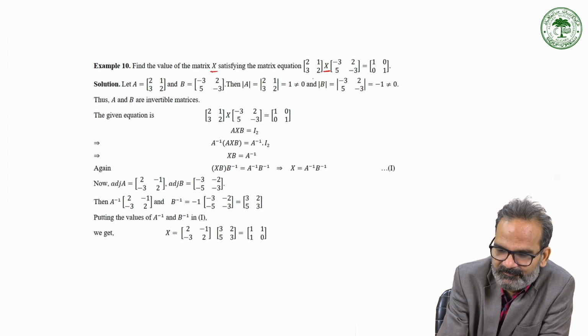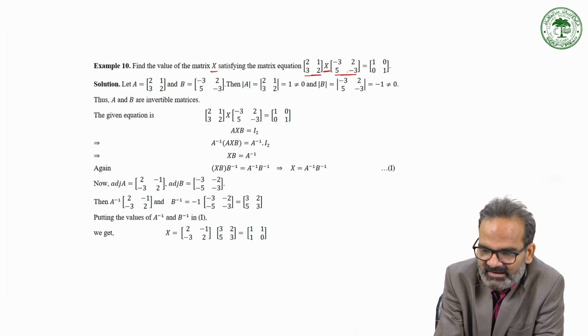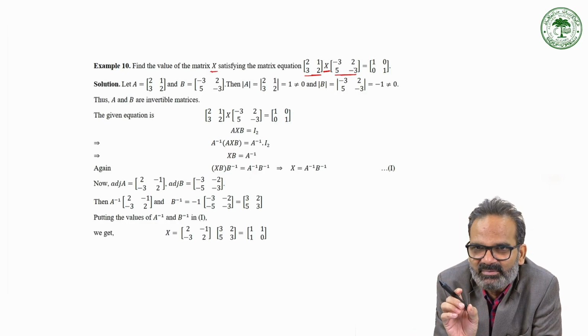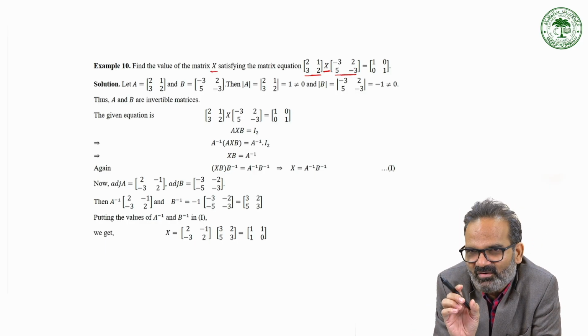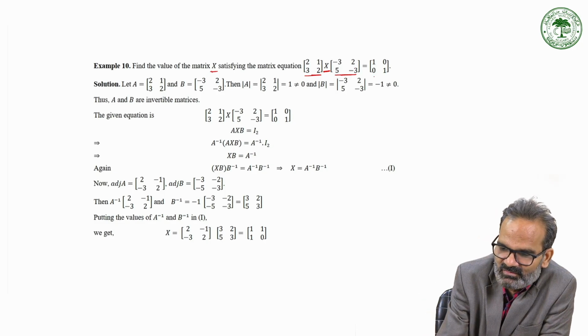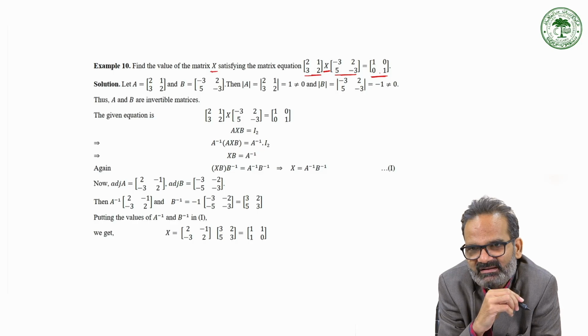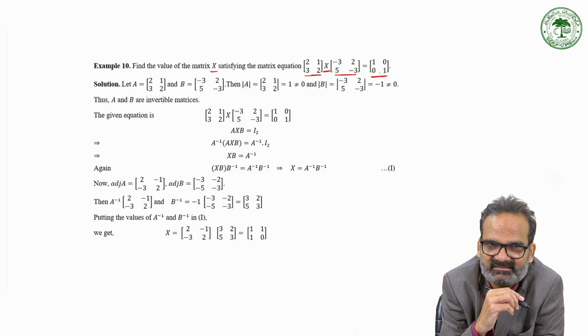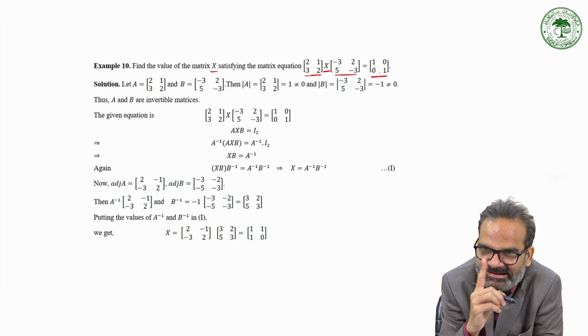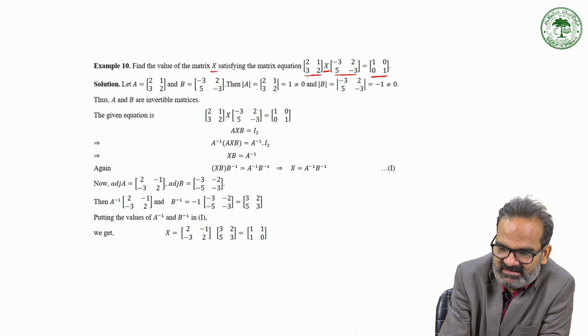So what does it mean? The first matrix is this, the second matrix is X, and the third matrix is this. So the question simply refers to this: if these three matrices are multiplied together, then the product of these three matrices should come out to be an identity matrix on the right hand side. So what should be the value of the matrix X? Clear? Are you getting the meaning or the theme of the question? Look at the left hand side.